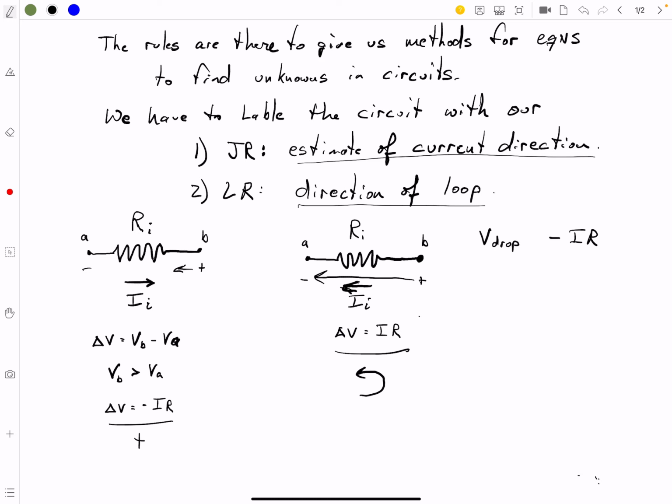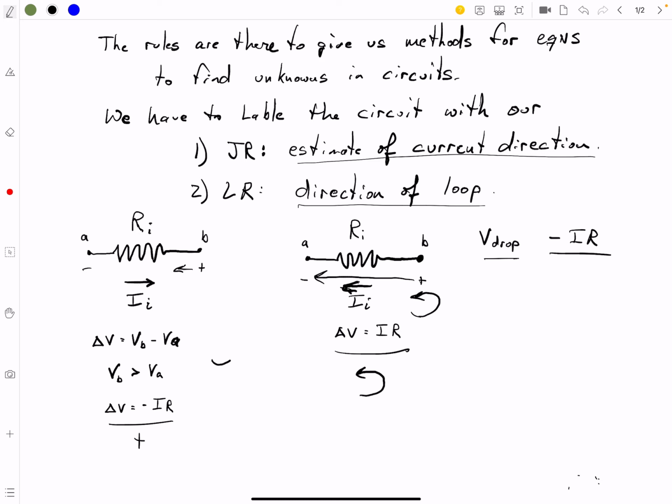We've drawn our loop like this, and we're going to come through and go across like that. It has to be a negative because we are dropping. It's a voltage drop.